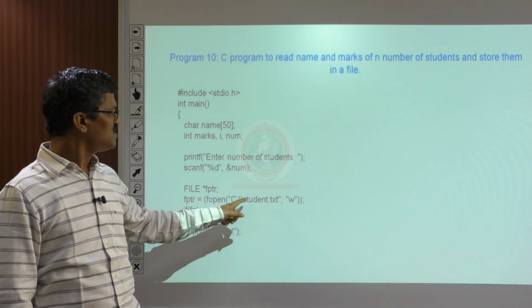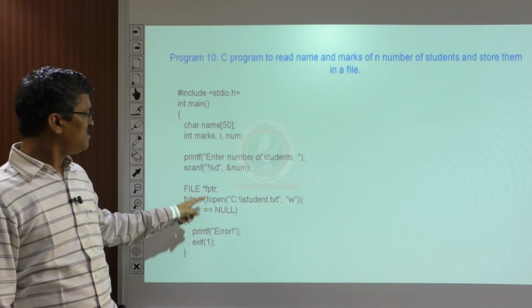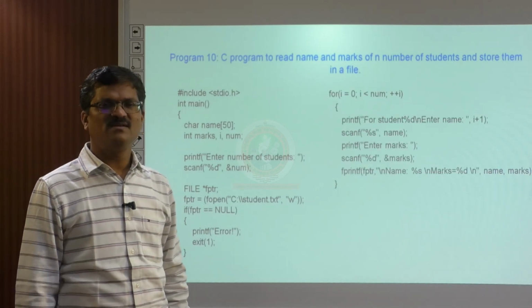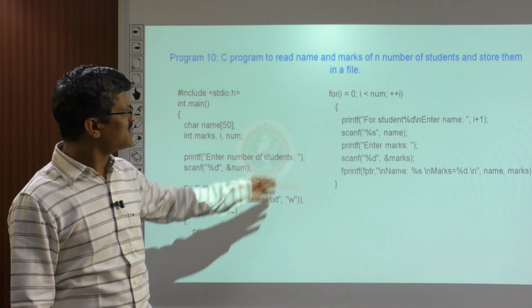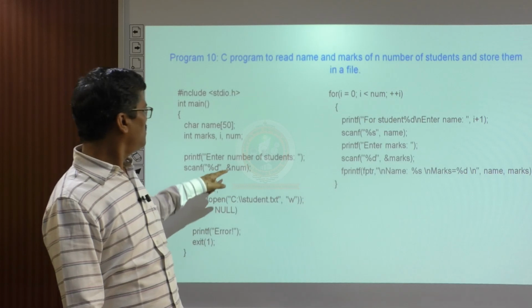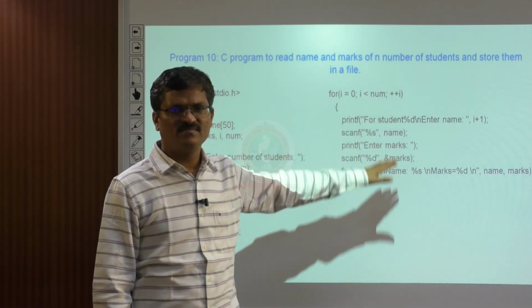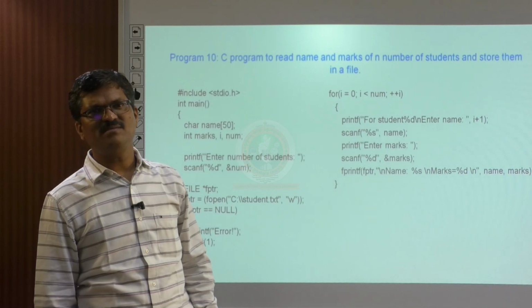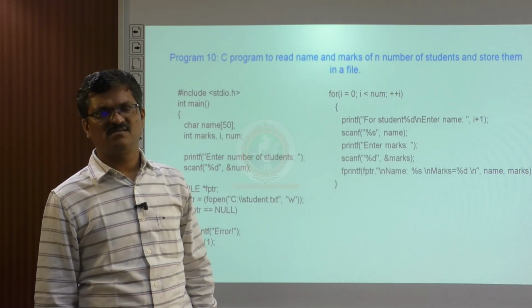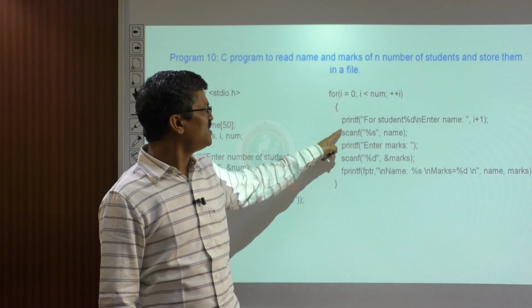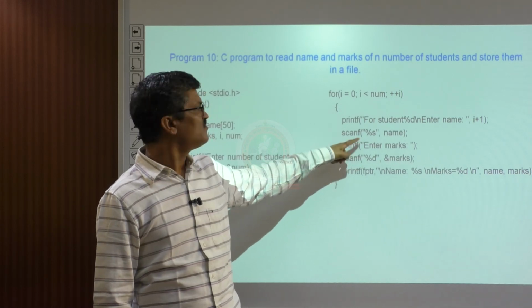So, open student.txt in a write mode, and see if it is created successfully, right. If it is created successfully, then for i equal to 0 to num, you read the names and marks of all these students using printf and scanf commands, right.